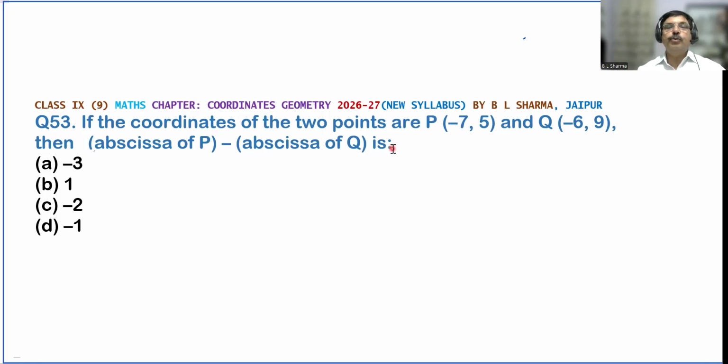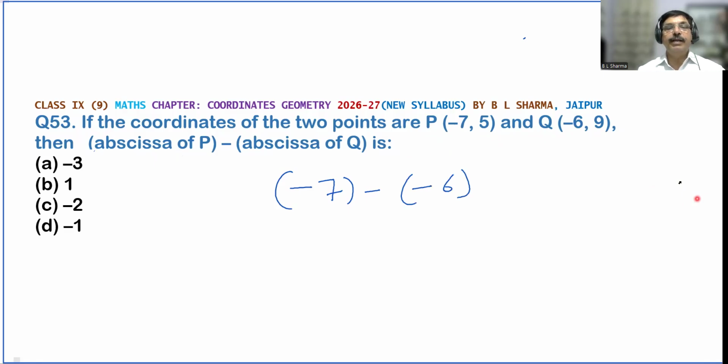The coordinates of the 2 points P and Q are -7, 5 and -6, 9. 2 पॉइंट्स है P और Q, उनके कोऑर्डिनेट्स -7, 5 और -6, 9 है. देखिए, जो फर्स्ट कंपोनेंट होता है वो होता है एब्सिसा, और -6 इज एब्सिसा ऑफ पॉइंट Q. हमें चाहिए एब्सिसा ऑफ P माइनस एब्सिसा ऑफ Q. तो देखिए, एब्सिसा ऑफ P इज -7. ब्रैकेट में पुट कर दीजिएगा, सब्ट्रैक्ट abscissa of Q, that is -6.